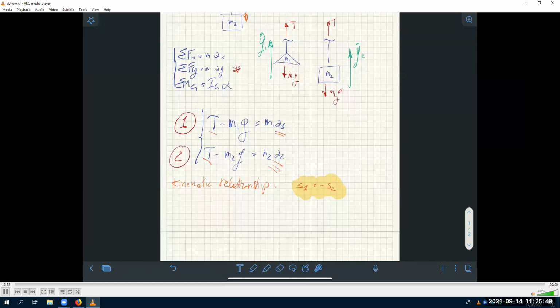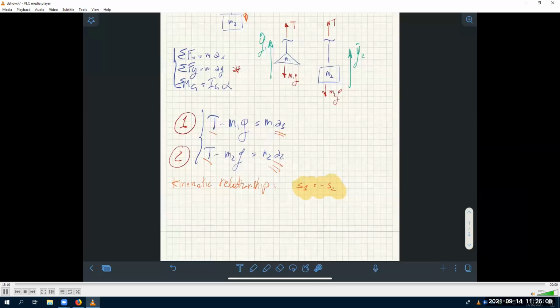So this is S1 equals minus S2, but this is not helpful. So how does this help with this equation? What's missing? What is the link between displacement and acceleration? Come on.